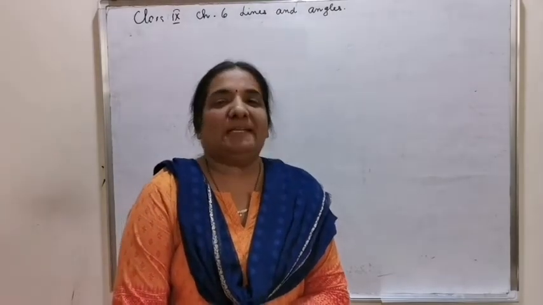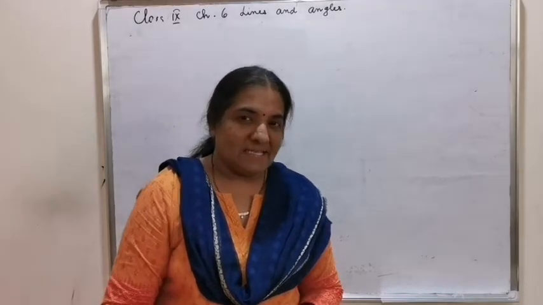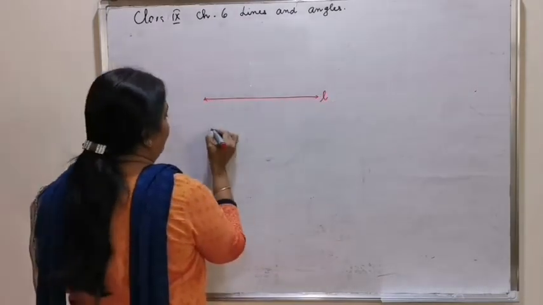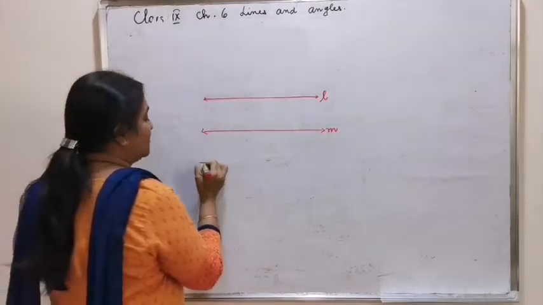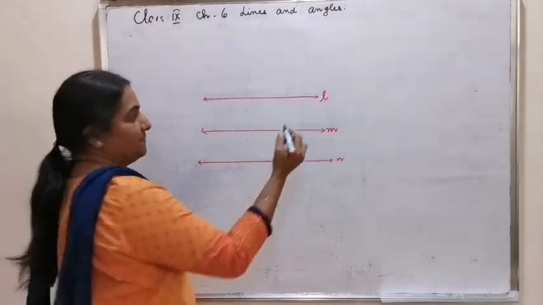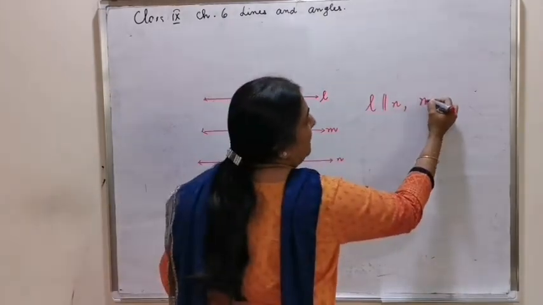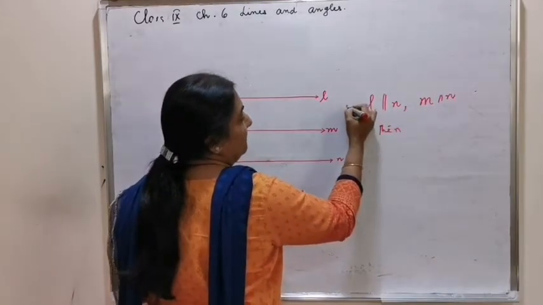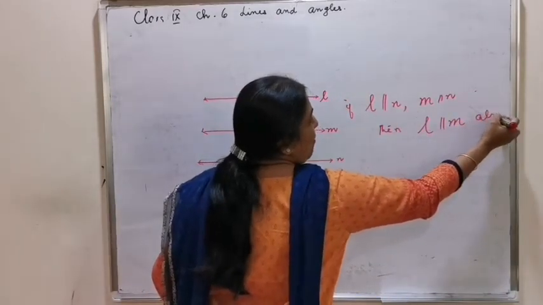There is one more property regarding parallel lines in this topic, that is, if two lines L and M are parallel to another line N, that is, if L parallel to N and M parallel to N, then L parallel to M also.